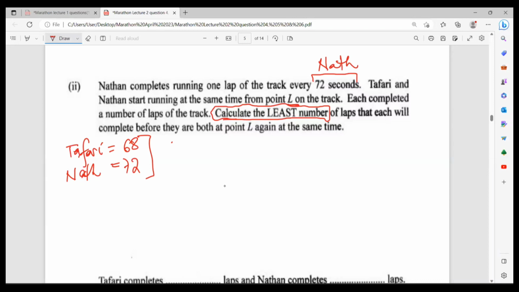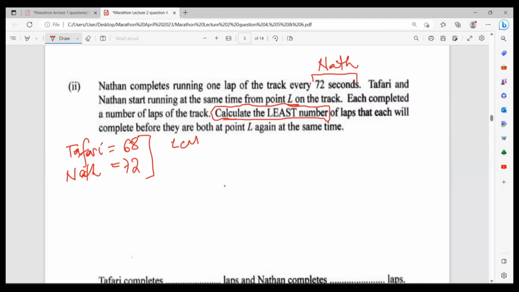You want to know at what time will 72 and 68 be the same again. They're not going to be the same. In other words, what you want to do is to find the LCM for both. And when you find the LCM for both, you're going to use it to solve the problem.